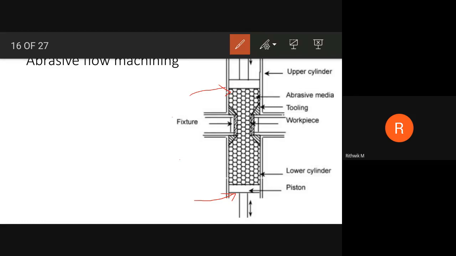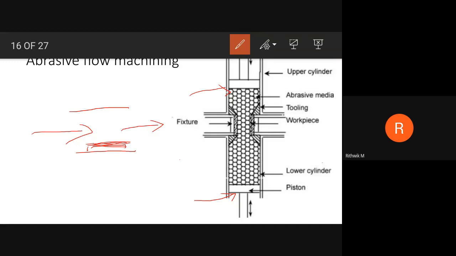The second is the two-way flow. There will be a chamber and the workpiece material, and the abrasive particles and the carrier medium will enter like this and go like this. While flowing, the abrasive particles impinge on the workpiece and erode the workpiece surface.